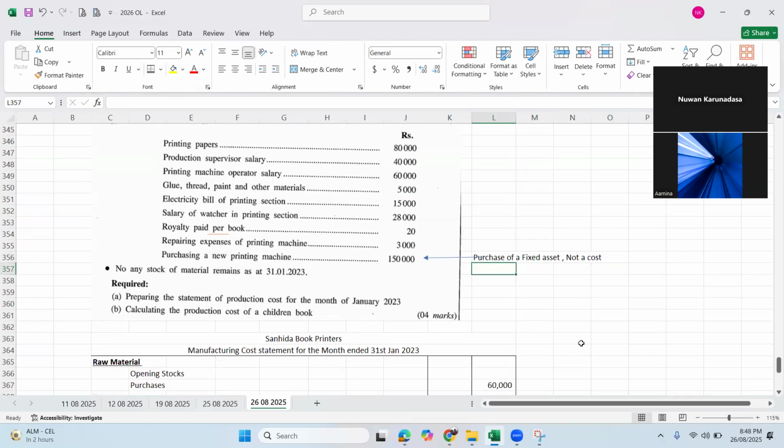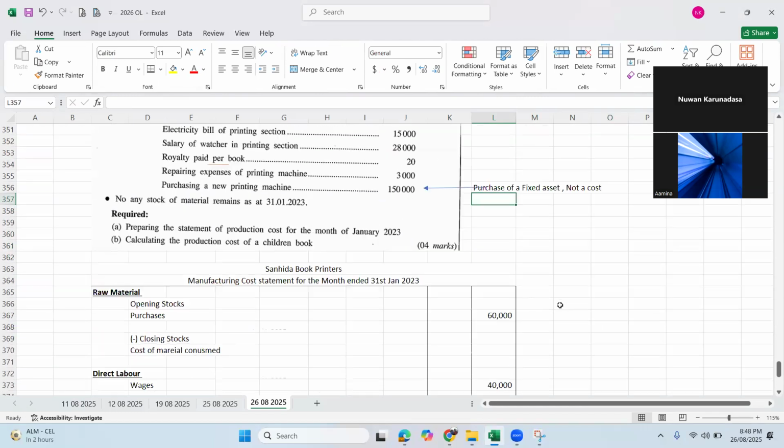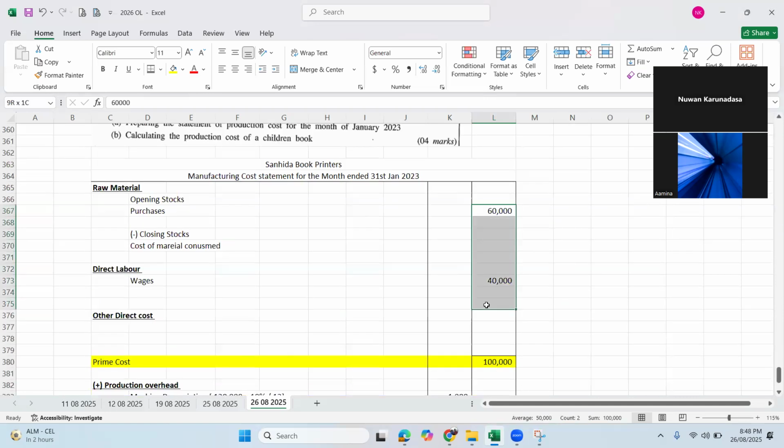Right? Any other stock of material? No, any stock of material remain as at 31st Jan 2023. Right? We'll see the question.